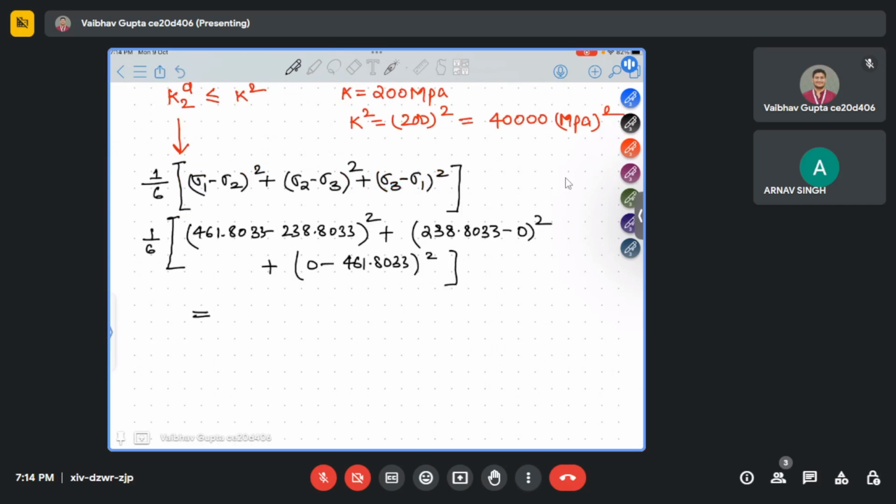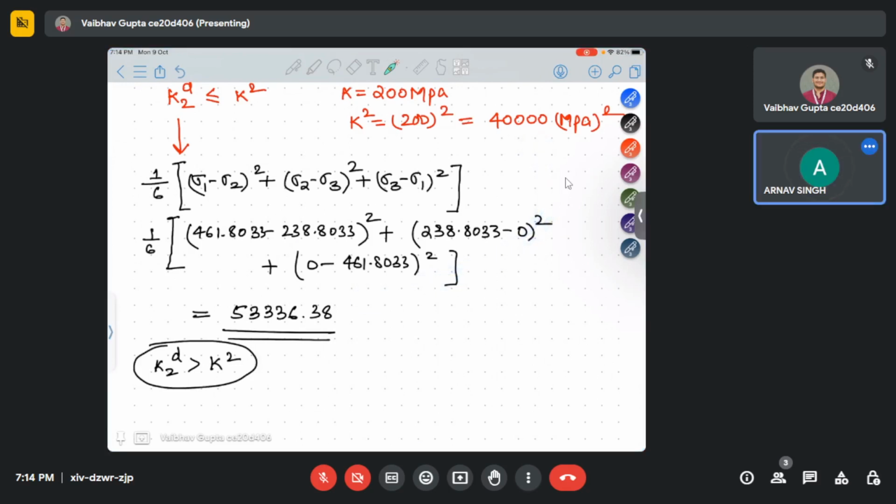If you calculate all these things, you will get the value as 53,336.38. So here also you can see K2D is greater than K square.